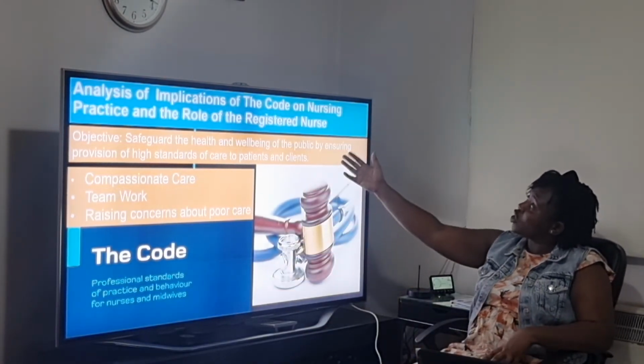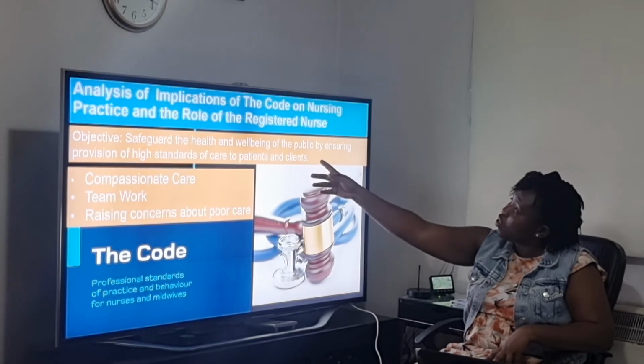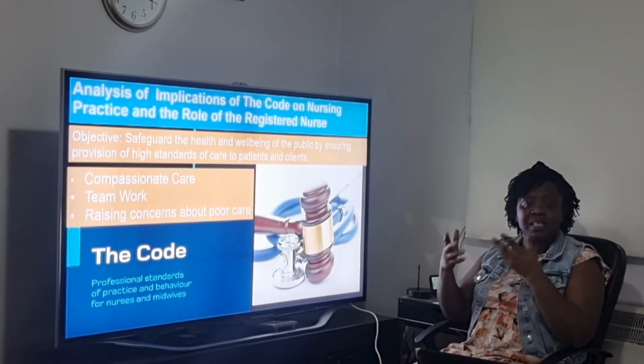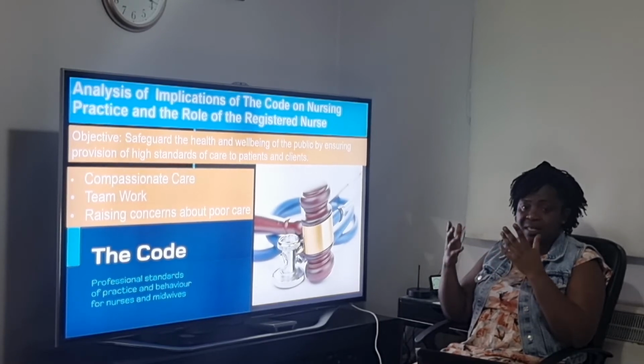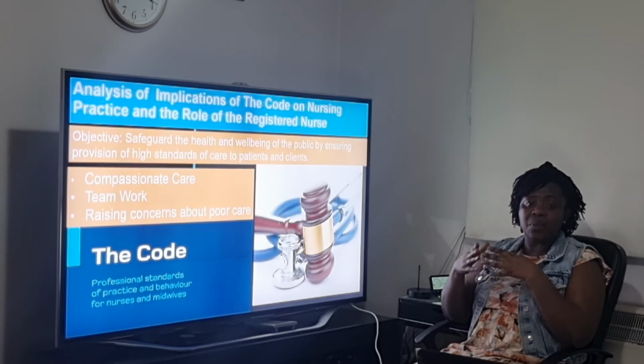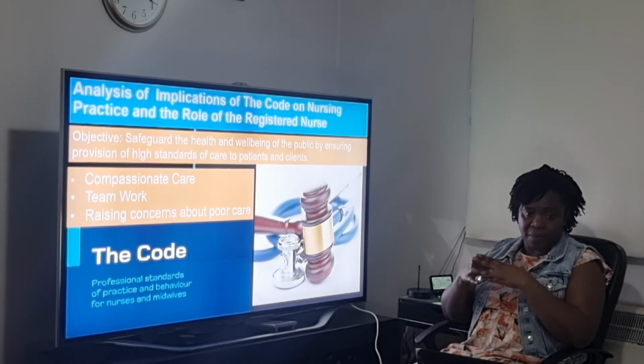Analysis of the implications of the code on nursing practice and the role of the registered nurse. The NMC monitors the professional standards of practitioners through the professional standards team. They provide clinical and managerial leadership for clinical professionals to achieve high professional standards and provide a framework to enable action to be taken to protect patients and members of the public.